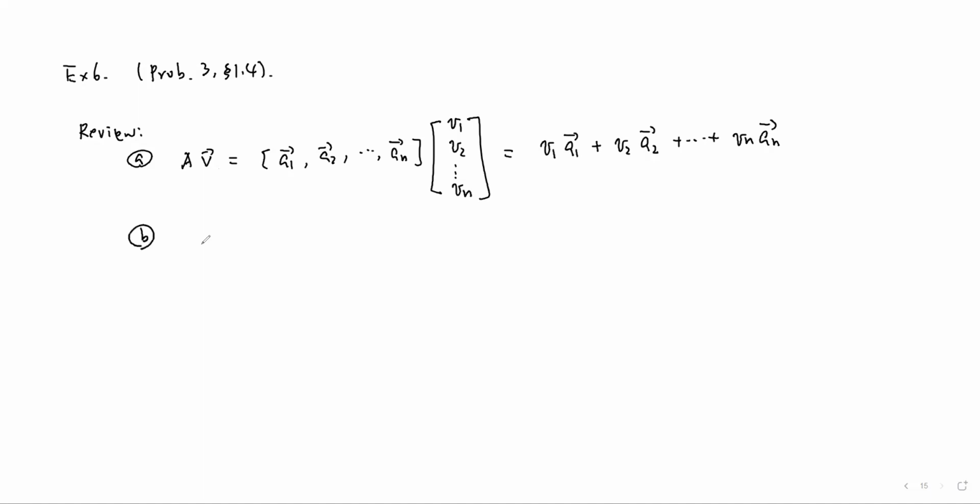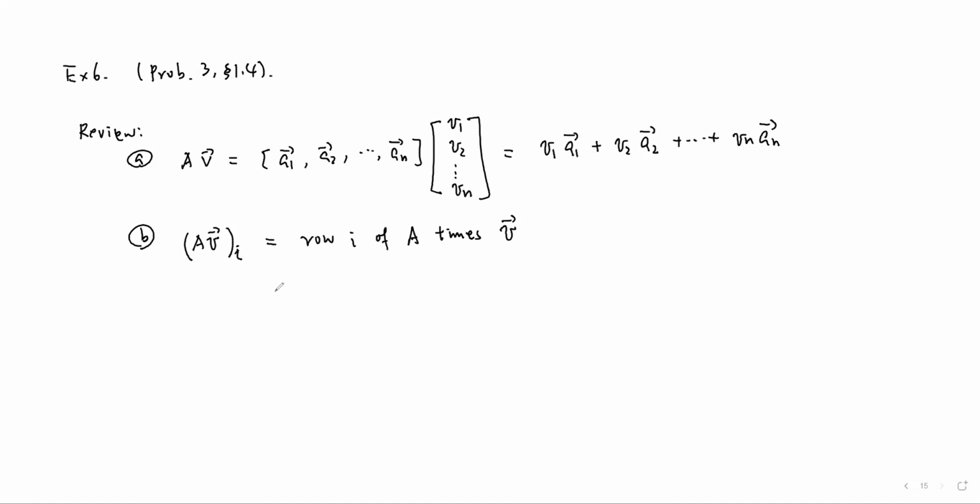Formula 2: A times a vector is a vector. The i-th entry is row i of A times vector V.